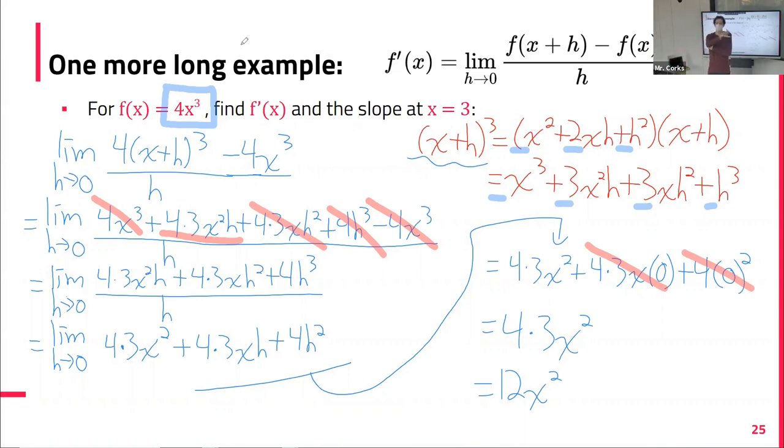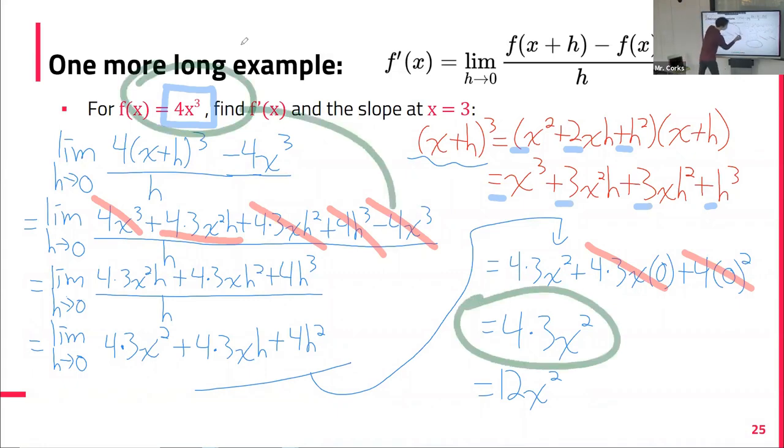Anyone else who is seeing this for the first time today, can you notice a pattern between this thing and this thing? Anyone who's seeing this for the first time? Have you learned this before? Okay, tell me what you think.